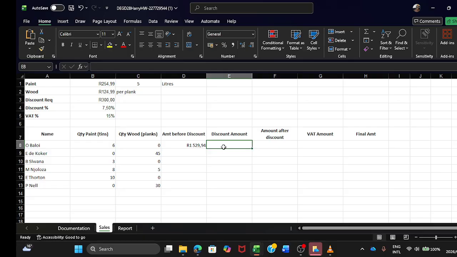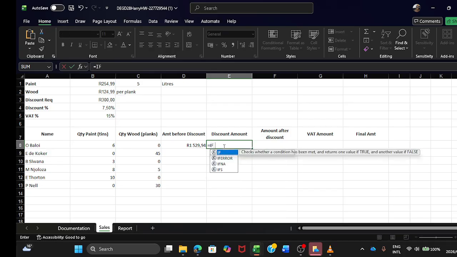The discount amount is the amount that you're going to have to discount if you spend more than 300. So for this we're going to have to use the IF function. So if this amount, you spend more than 300, so it's going to be a shift.